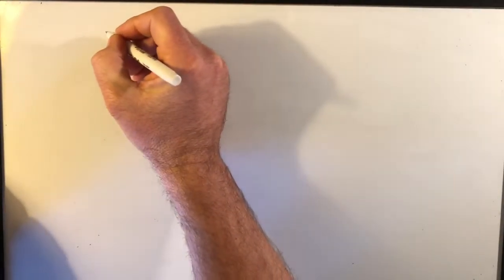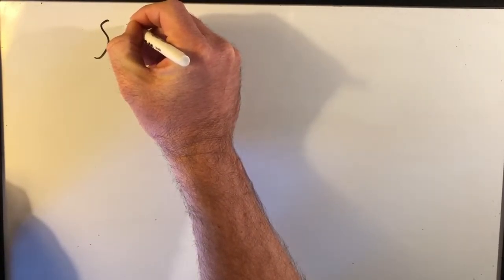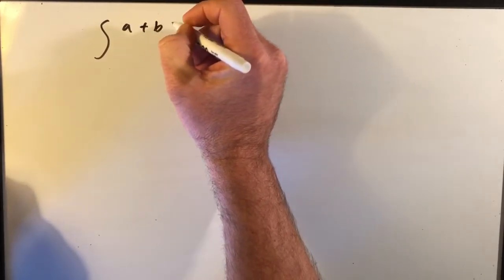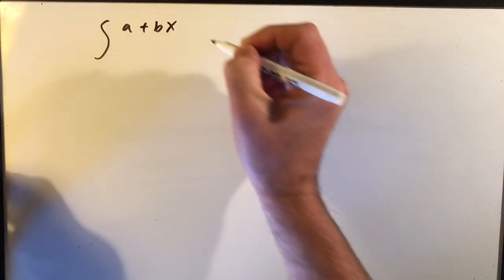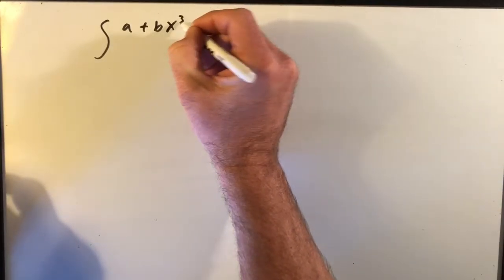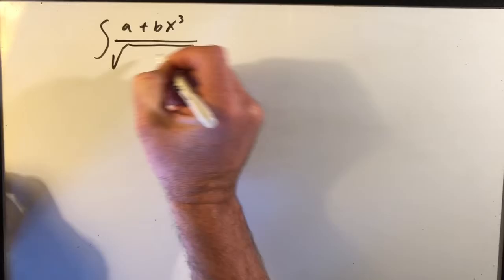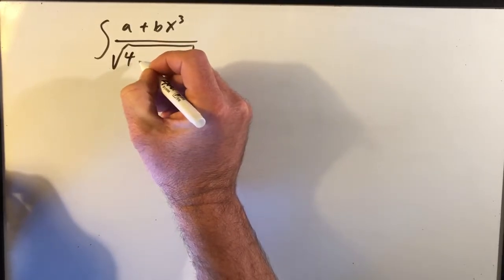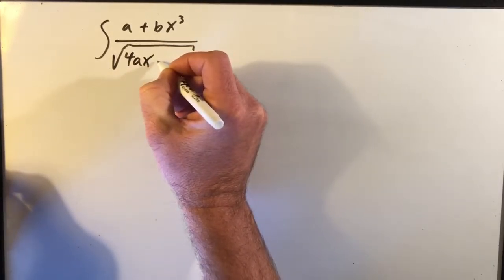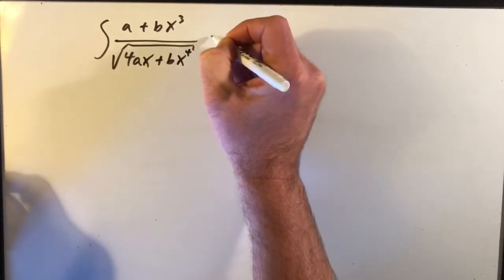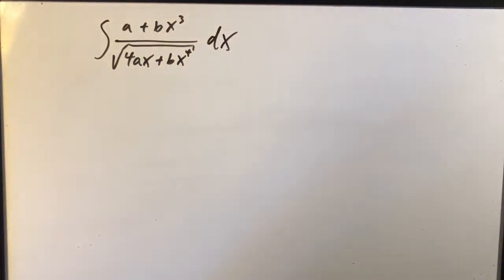So I'm going to start with the integration of, let's say, I'm going to get a little bit vague, a plus b, and we'll say that that is x to the 3 over the square root of 4ax plus bx to the 4th dx.